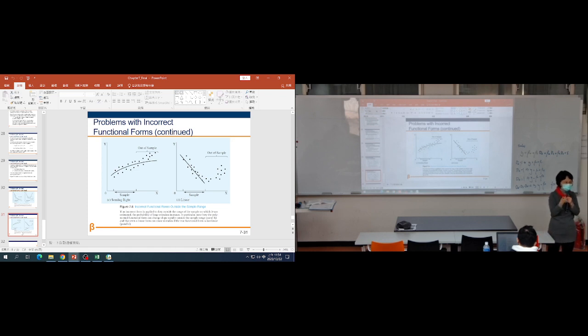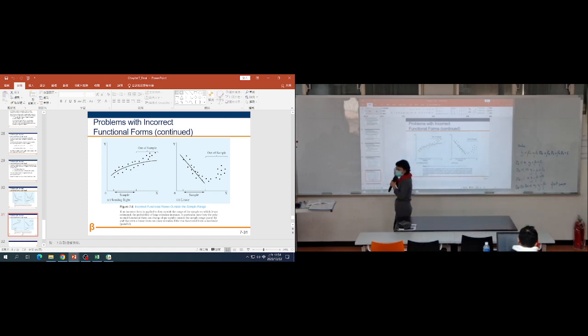Okay, and for the usage of regression, there are three usages of regression analysis. One is descriptive analysis. The second one is hypothesis testing, just like what we have done so far. The third one is for forecasting. Usually, forecasting is for time series data. For this method, we really didn't talk about forecasting.